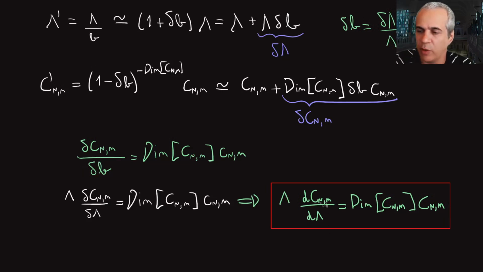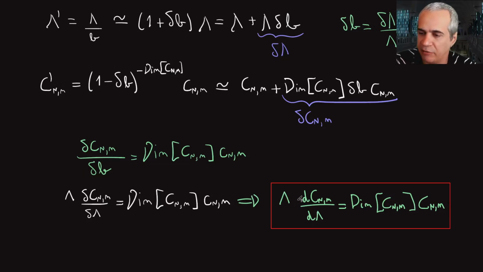A differential equation that tells me how one quantity in my theory, in this case the Wilson coefficient, changes in terms of an unphysical parameter. Remember, the cutoff in this Wilsonian approach is just something that is really far away, and our observables should not depend on this cutoff, right?